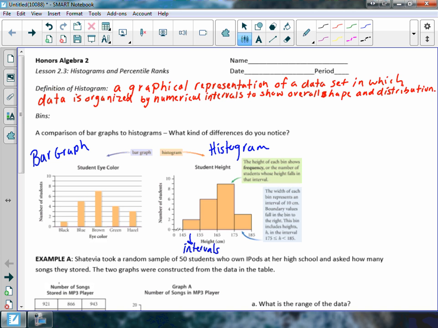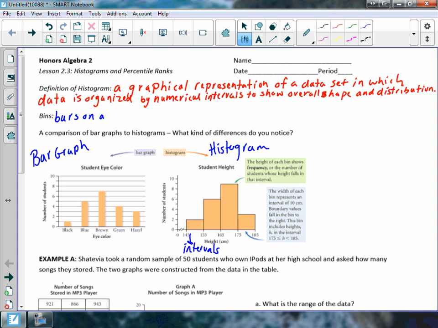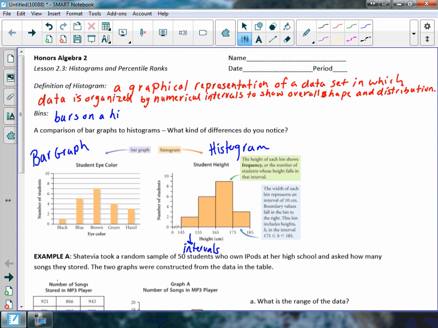We arrange things in histograms according to bins, and bins are just bars on a histogram whose height represents frequency.